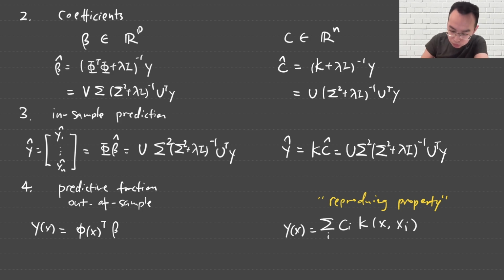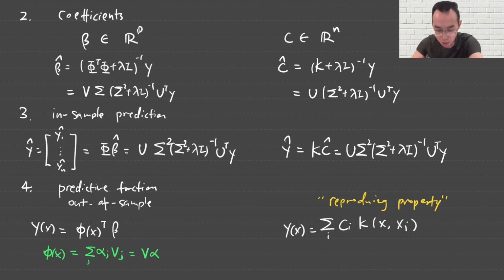We expand phi of x, which is a p-dimensional vector, so we can express it as a summation of all the singular vectors, singular vector j, with coefficient alpha j. Written in matrix form, that equals V times alpha.